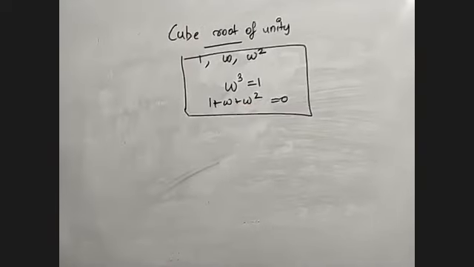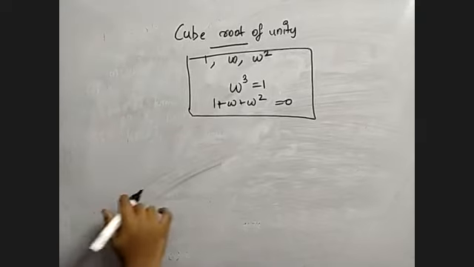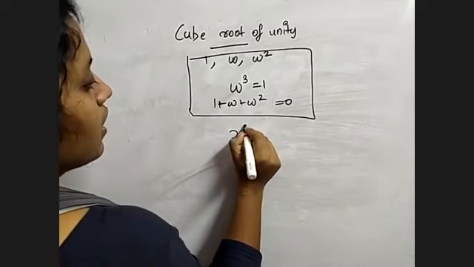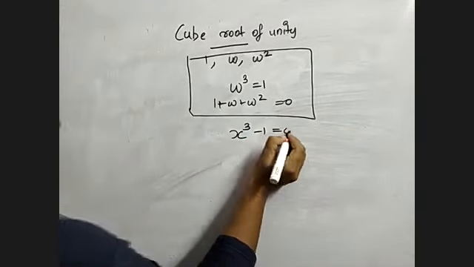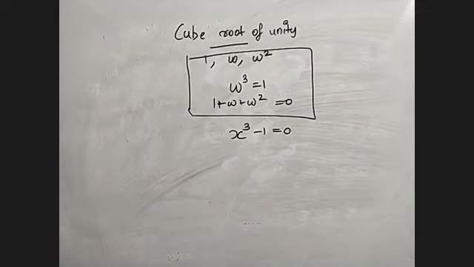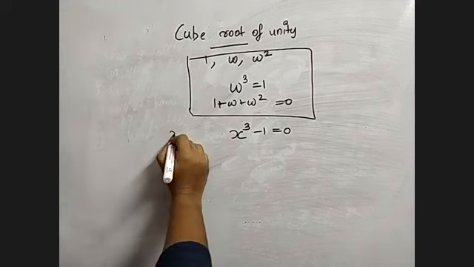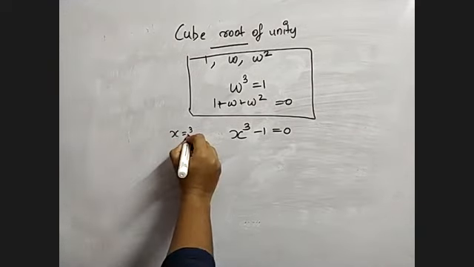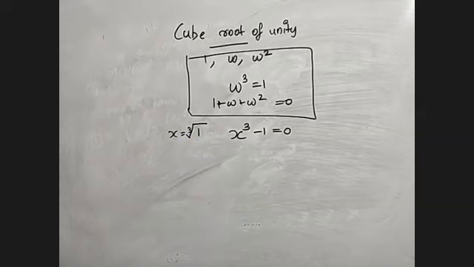Okay. See, how are we finding the cube root of unity? x cube minus 1 equal to 0. This is how you will find the cube root of unity. We need the cube root of unity, that means x is equal to cube root of 1. This is what we need to find.